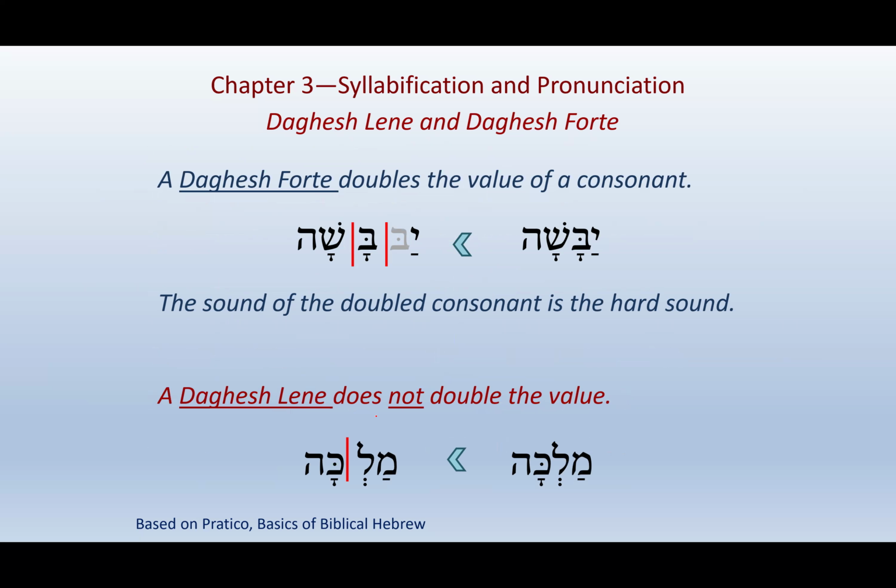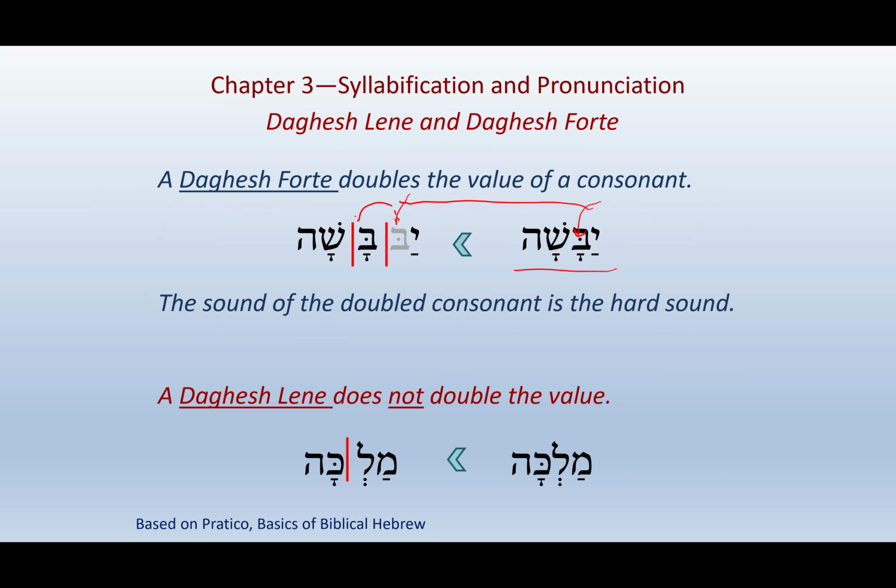So we have this word yabbashah, but we have this Dagesh in here, and it's actually doubling it. So we have two B's. It's like we have two bets, two B letters.